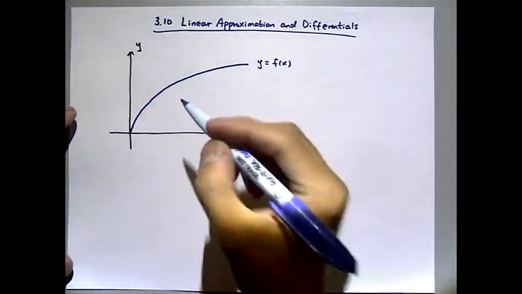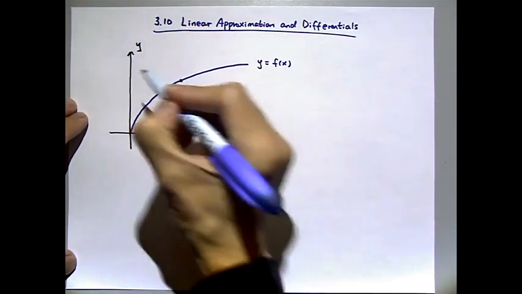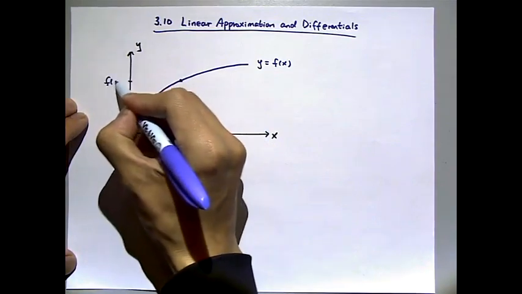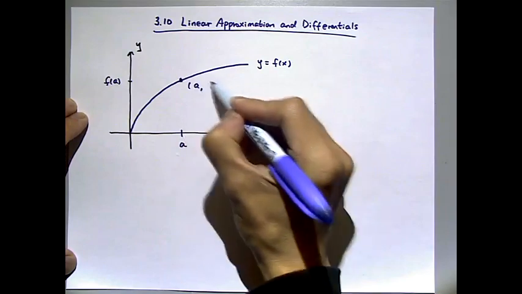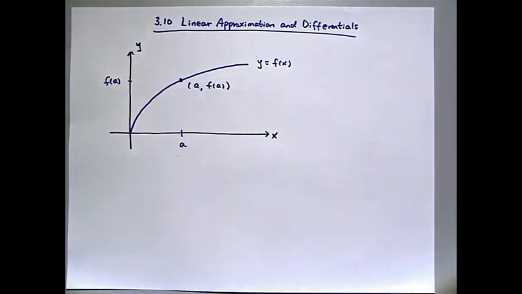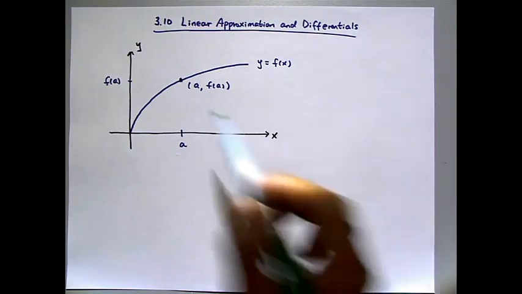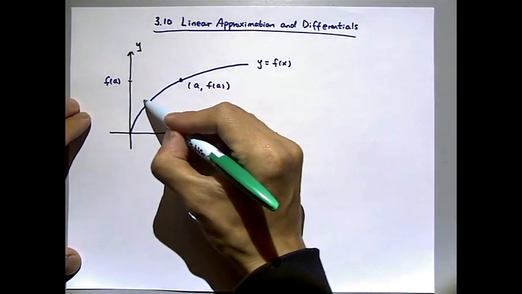I'm going to go to x is equal to a, which means y is equal to f of a, of course. So that point is a comma f of a. We know how to find the tangent line. We know how to find the slope, and with a point, we know how to find the equation of the tangent line. Let me sketch the tangent line here, this green line.